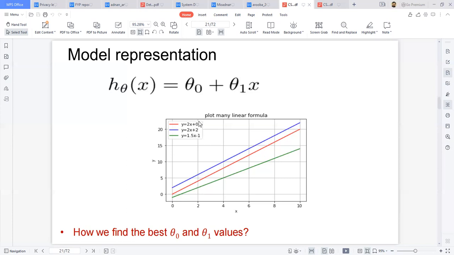Yes. Okay. And the theta 1 value is like this. If the value is 2x, you can see the slope is like this. If the value is 1.5, the slope becomes less. If the value is 1, the slope is less again.